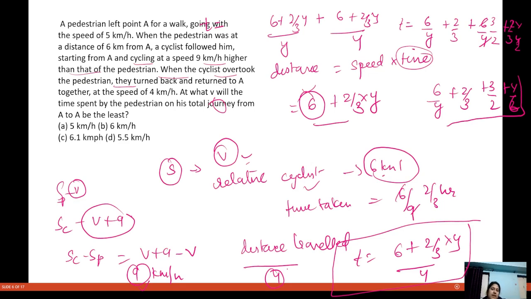Now in this question it is asking at what speed v, let us take this y because I have used y here, will the time spent by the pedestrian on his total journey from A to A be the least? So A to A is going from here to here and then coming back.